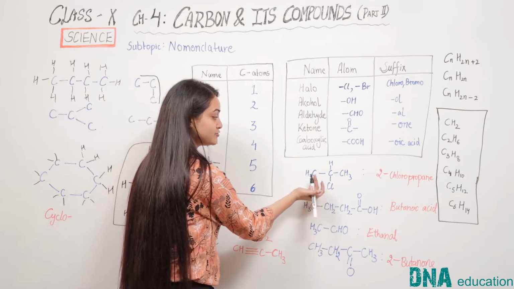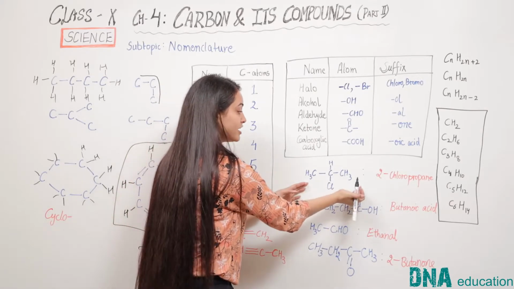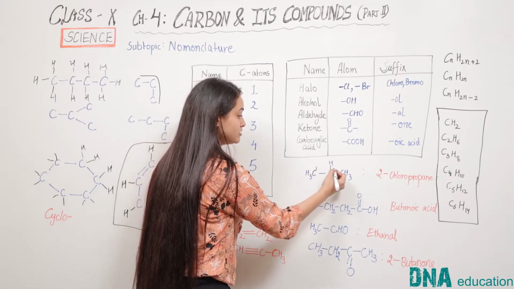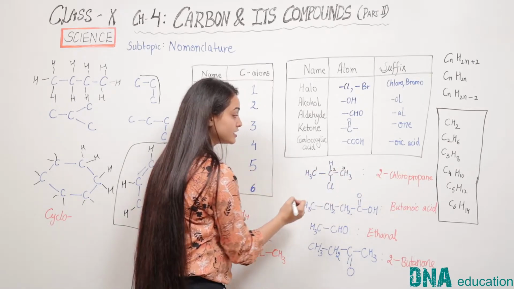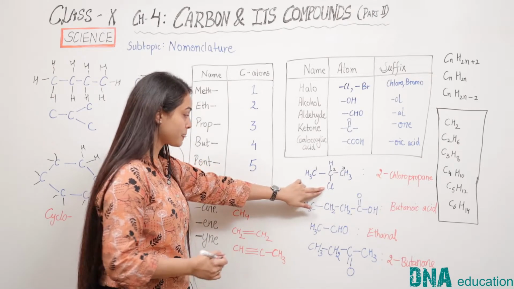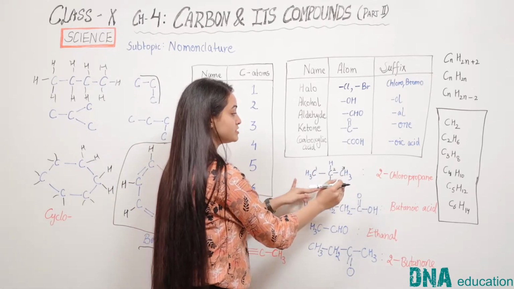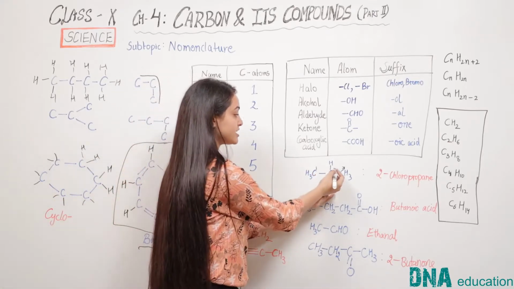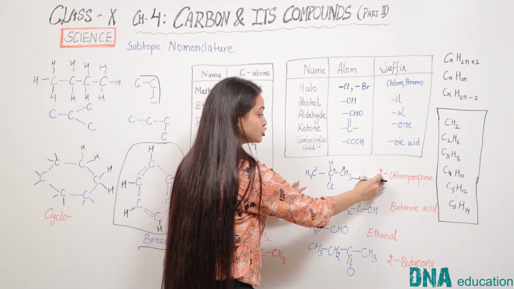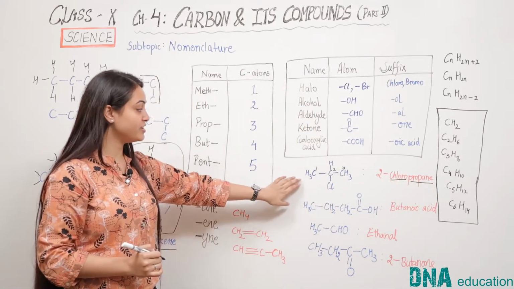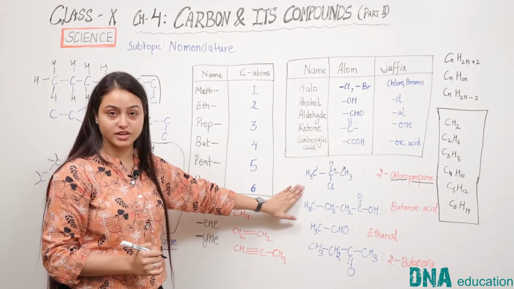As we see that there is one carbon atom here and one here, so we can start from anywhere. Let's say this is 1, this is 2 and this is the third carbon. So now we see that chlorine is attached to the second carbon and 3 carbon atoms will be a propane, but it is chlorine at the second carbon, so we write the name 2-chloropropane. In this way we can name the carbon compounds.